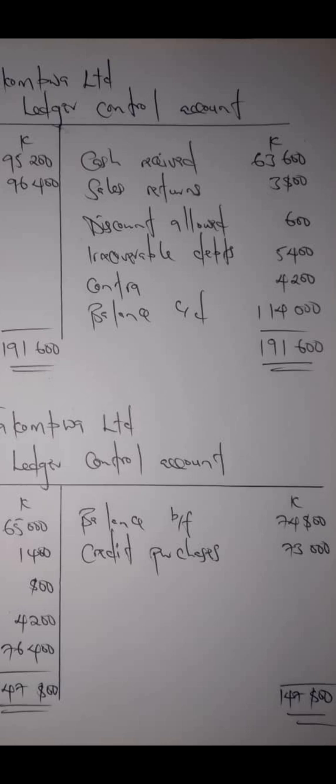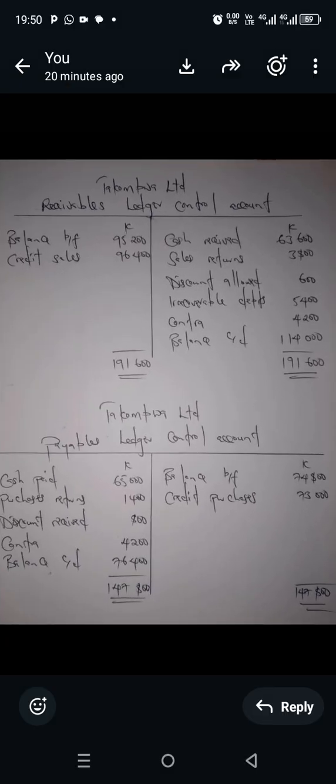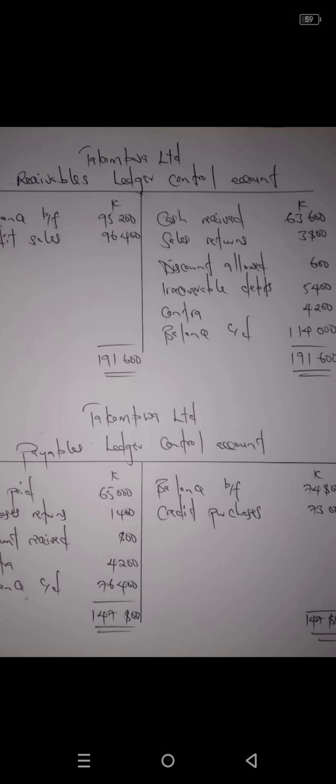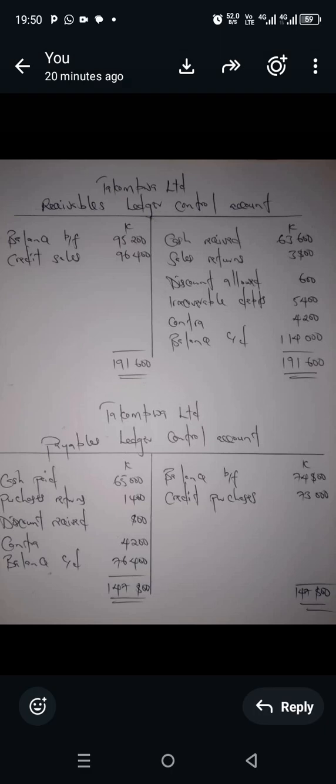It is going to give us 114,000 as our balance carried down, which is going to be the balance brought down or the balance brought forward in the following year or in the following period. So that's how we are supposed to prepare the receivable ledger control account.